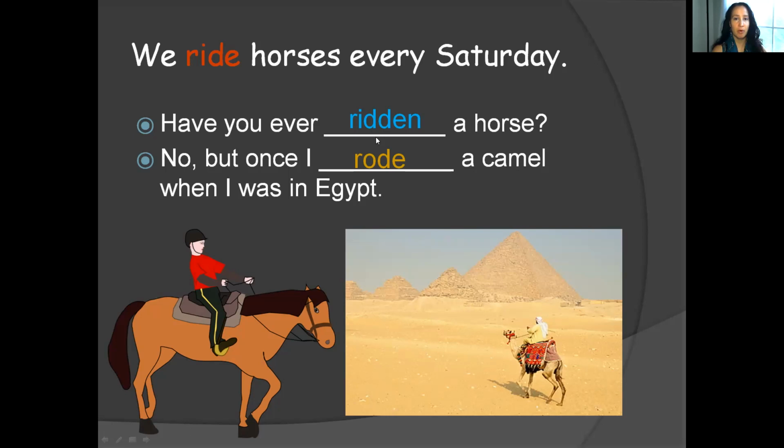You just have to memorize. If you have or had and it's the past tense, you would say ridden, have ridden, had ridden. Now, if it's no have or had, then you can say I rode, she rode, he rode, they rode. Okay? Did you get it? No worries. You just pause and write them down, okay?